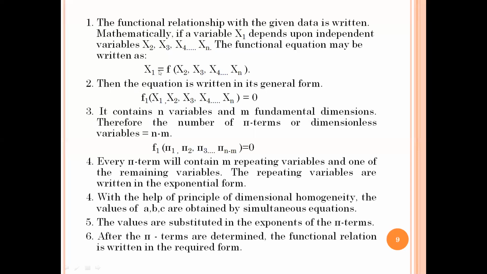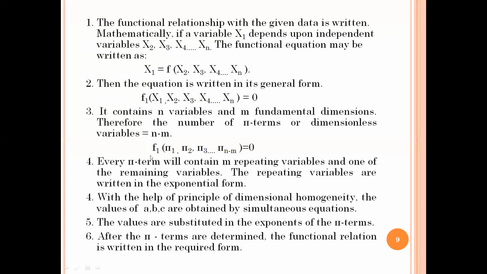Then I'm writing it in its general form, including the dependent variable inside, and the function of that is equated to 0. So I've got f of X1 to Xn equal to 0. Here it contains n variables and m fundamental dimensions, so I'll have the number of pi terms as n minus m.